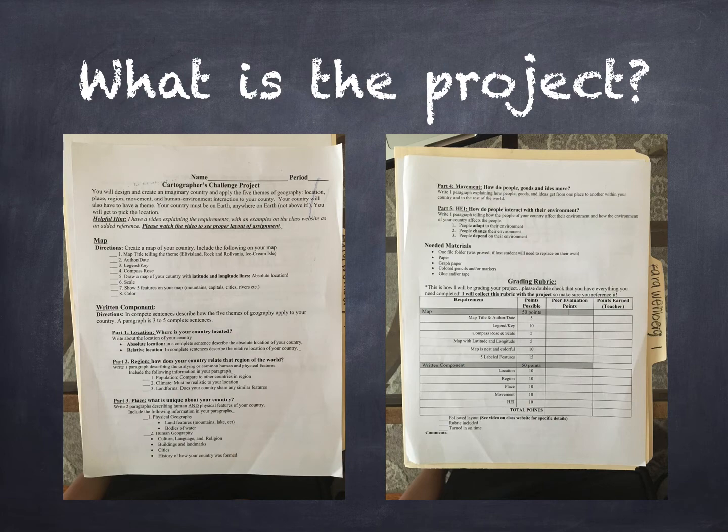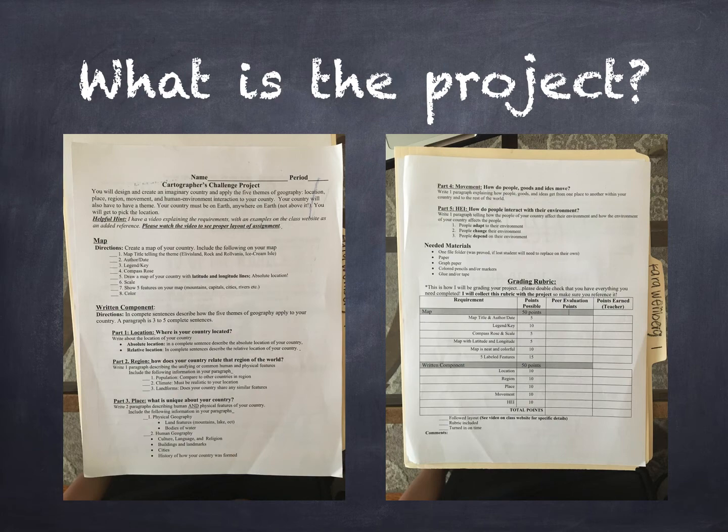On the back of the second page, you can see in the second picture, you have the grading rubric. It's broken down by the map and the written component, with the points possible for each of the parts of your project. It also has a peer evaluation points column. So the day your project's due in a couple of weeks, you'll swap maps with a neighbor.